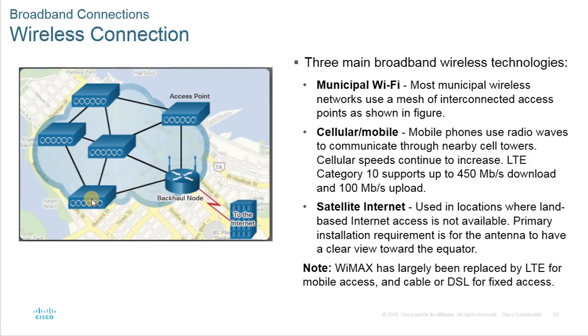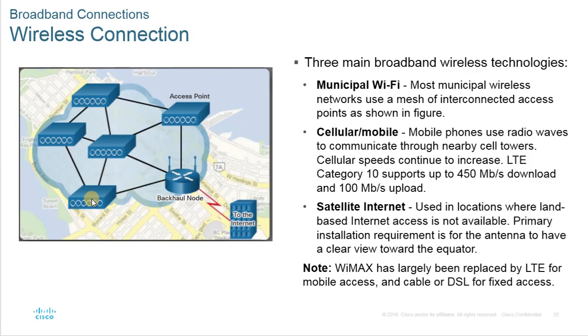As of now, we are using 4G or 5G, although other countries are starting to use 6G. Probably in the future we can also have the 6G version of the cellular connection. In LTE, category 10 supports up to 450 megabits per second download and 100 megabits per second upload.